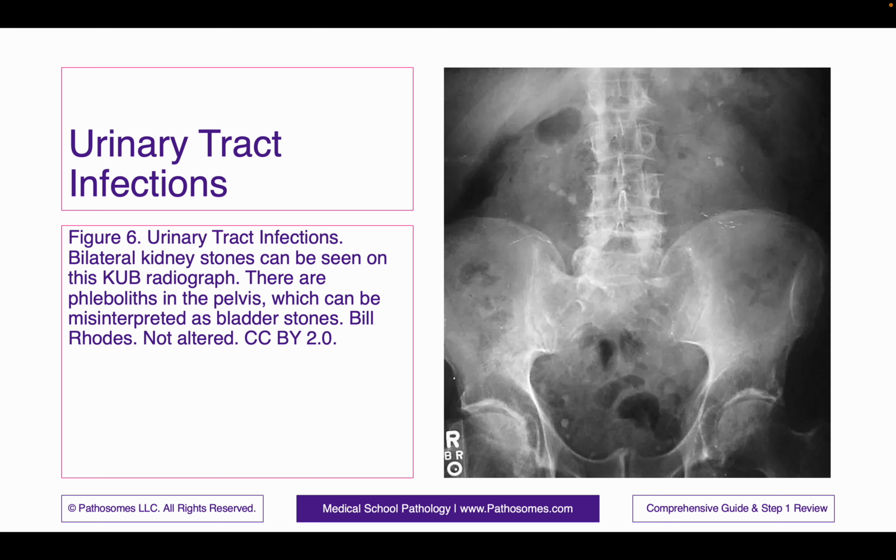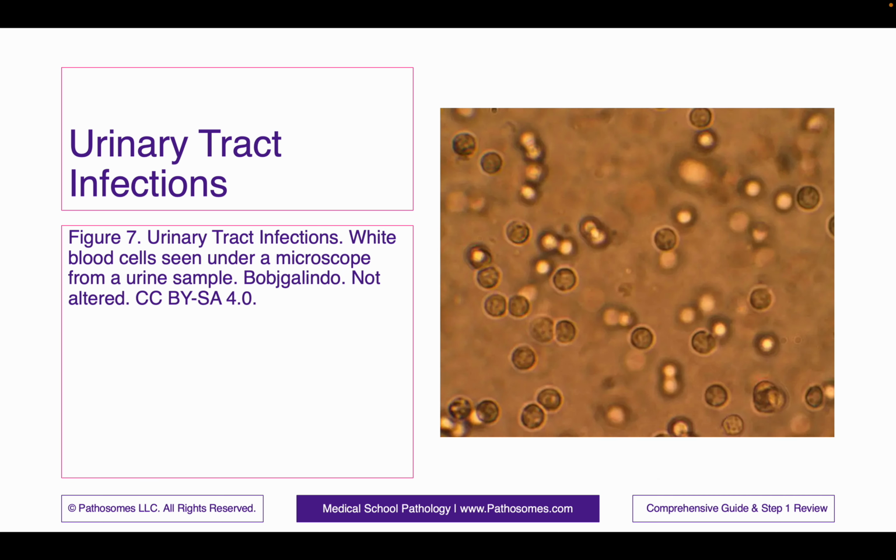Note the phleboliths in the pelvis, which can be misinterpreted as bladder stones for you future radiologists out there. Speaking of urinary tract infections, it's important to note that white blood cells can be seen under the microscope from a urine sample, particularly with patients with urinary tract infections. That's important to remember.